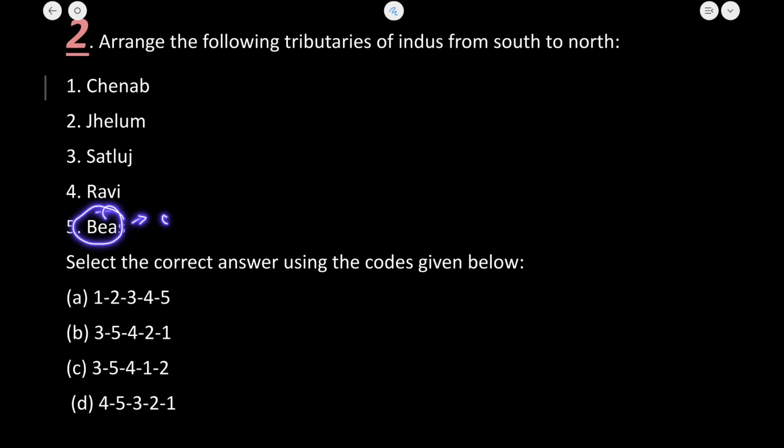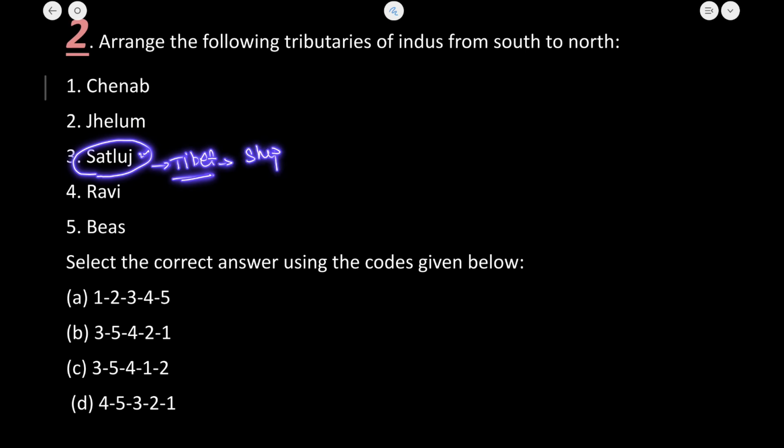Beas originates in the Rohtang Pass. So most of these have their origin in Himachal Pradesh. And then at last there is Satluj. This river Satluj originates in Tibet, at Mansarovar Lake, and it enters India at the Shipki La Pass, which is in Himachal Pradesh. So the correct order to this question is C.